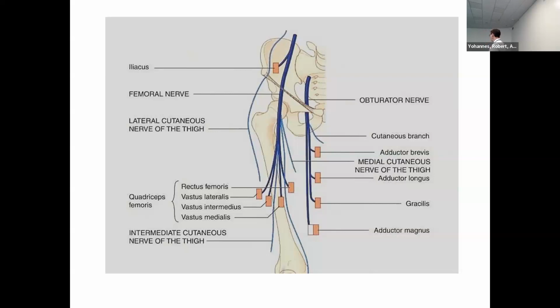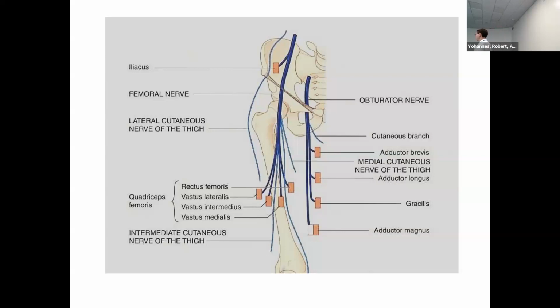Okay? So think about it. If we have a lesion that affects both knee extension and hip flexion, it cannot be because of a distal lesion only to the femoral nerve, right? Because they share together the roots on top.